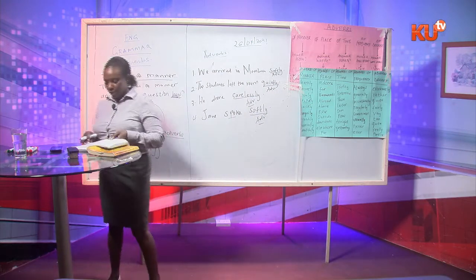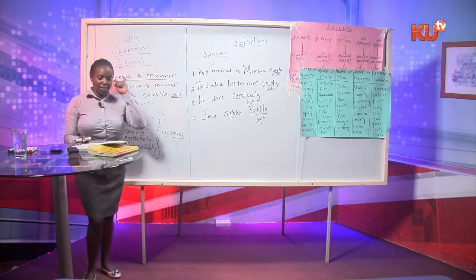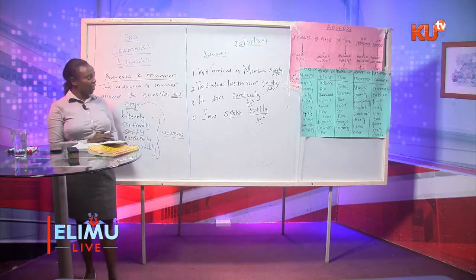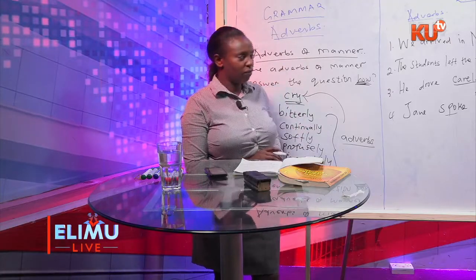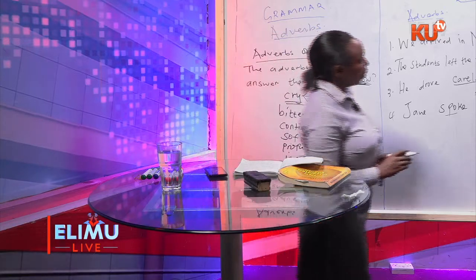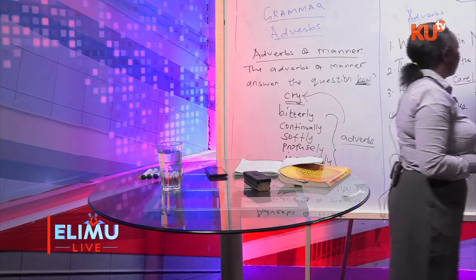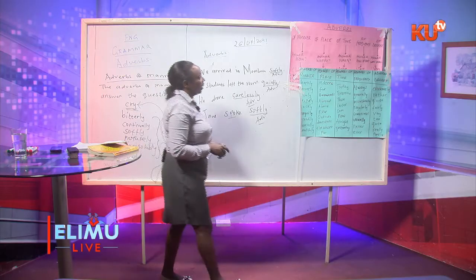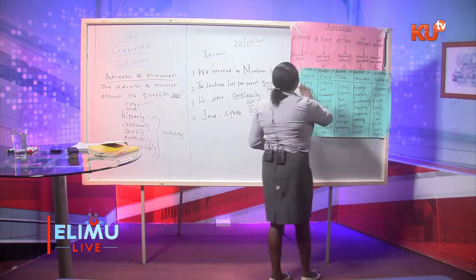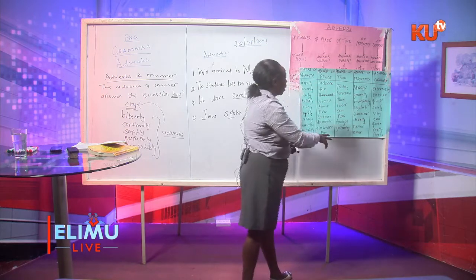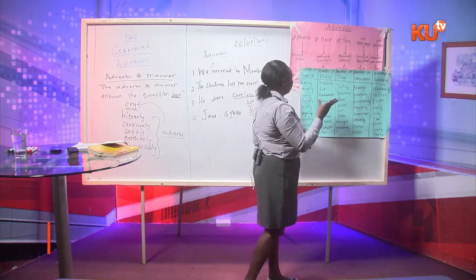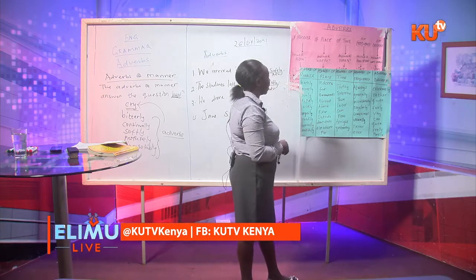We are moving on. Then we can go to the second category of the adverbs. But before we go to the adverbs of place, I have got a chart here trying to show and even having a few examples of adverbs.